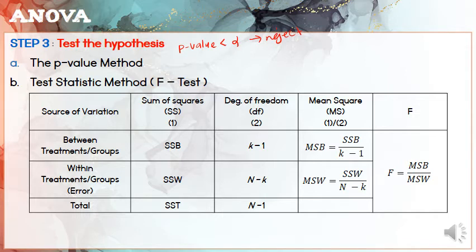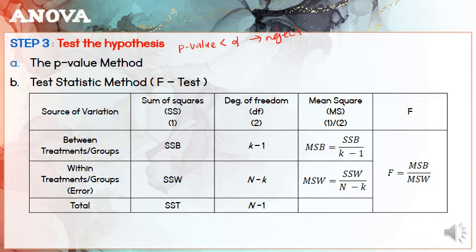And the second one is by using f-test. So, untuk f-test, you have to draw and calculate this table, all these values. Okay, so kalau you tengok dalam table ni, we have the source of variation between treatments, within treatments, sometimes called error, and total.